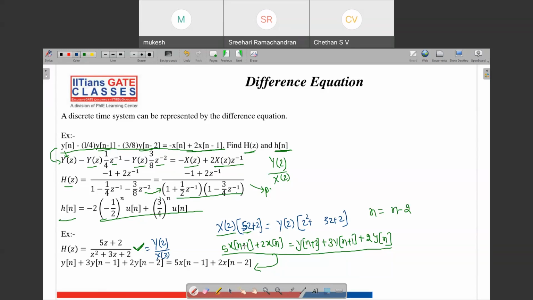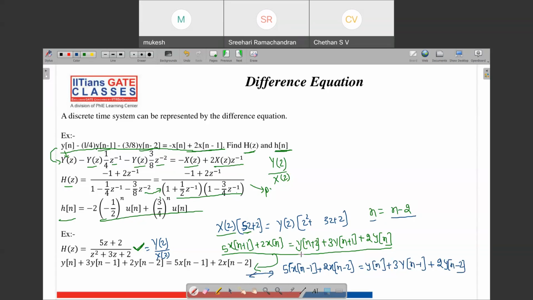So when you take this 5 x of n plus 1 and replace n with n minus 2, this will become 5 x of n minus 1 plus 2 into x of n minus 2, and this will become y of n plus 3 into y of n minus 1 plus 2 into y of n minus 2. Now if you see, both of them are the same.